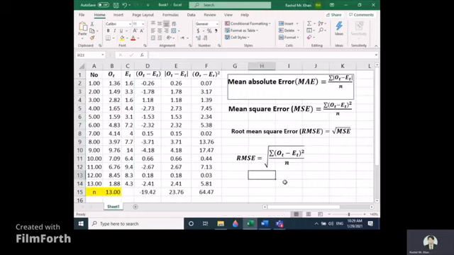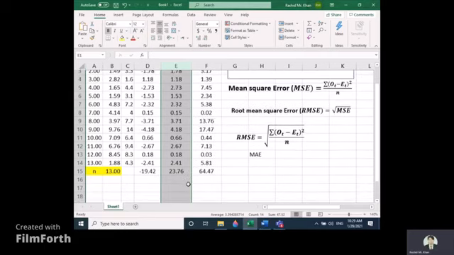Just for MAE, that is mean absolute error. Mean absolute error is equal to the sum of the absolute values, this column.